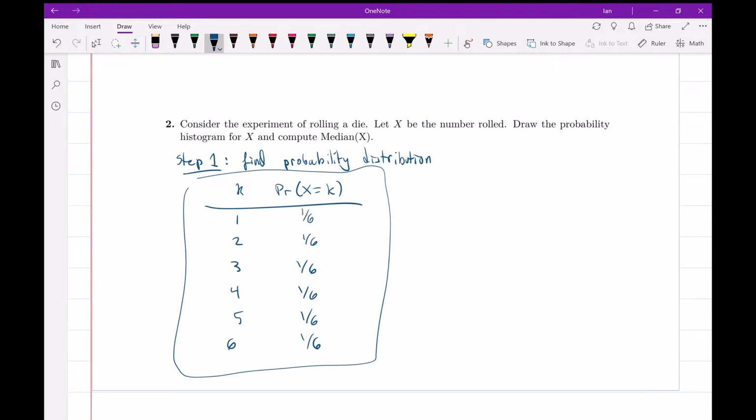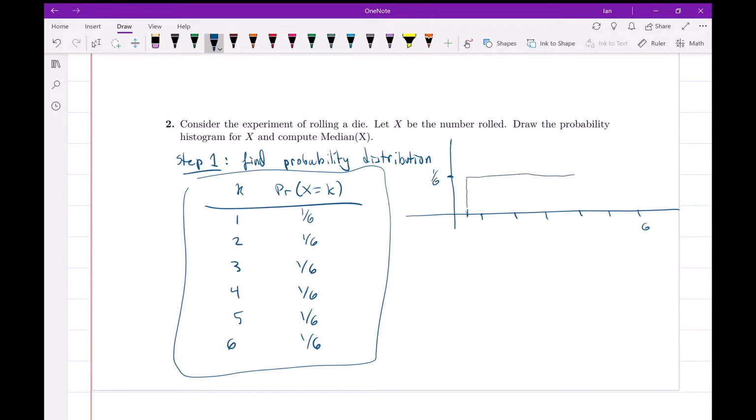And we use that to draw the histogram. In this case, it's a pretty simple histogram. We have 1, 2, 3, 4, 5, 6. And again, we need to put rectangles of width 1/2 about everything. And they're going to go up to the value of 1/6. Everything is just as high.